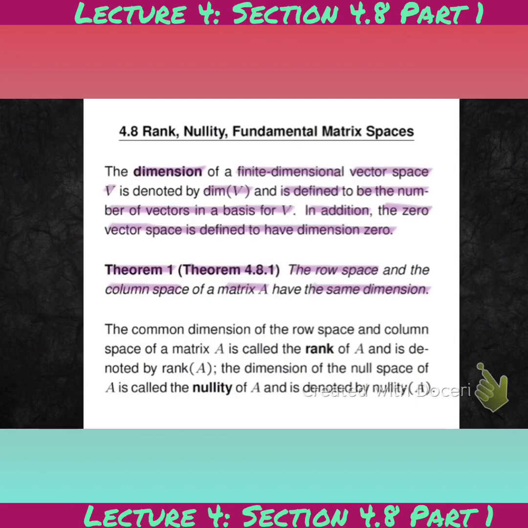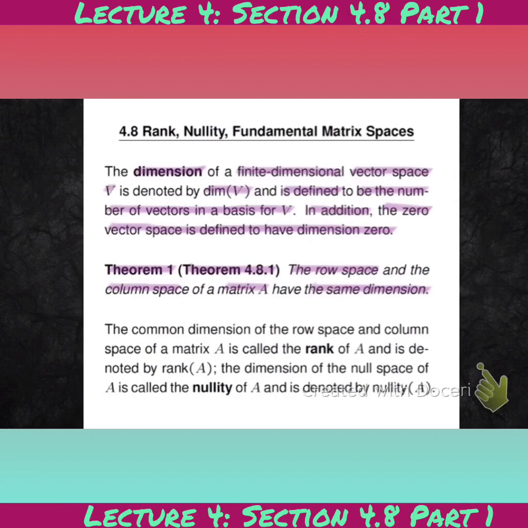Now, you can easily see that the dimension of the row space and the column space is the same, because the row space depends on the leading one vectors in the reduced row echelon form, and the column space also depends on the leading ones contained in the columns. So it's all about the leading ones.